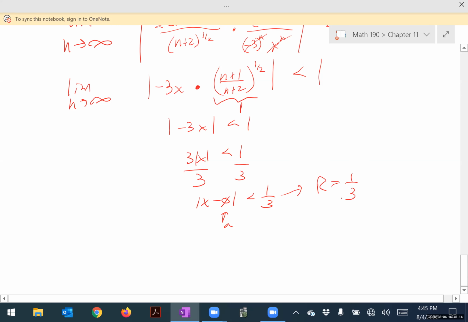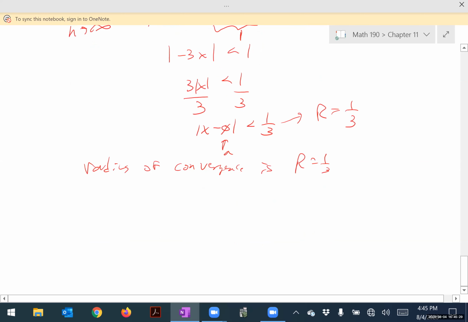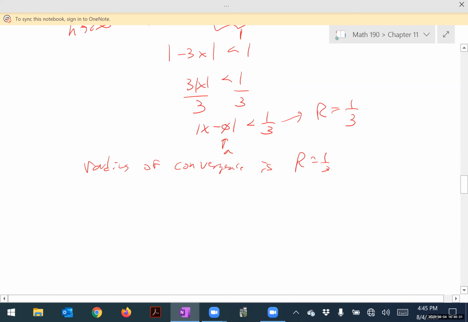That's our radius of convergence, r equals 1/3. That's the first part that we wanted to answer.